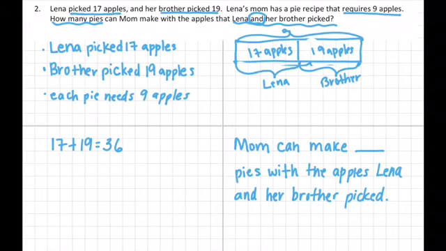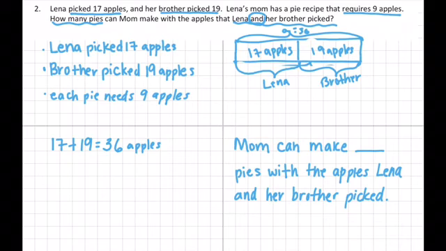Now, I can come up here and I can write 36. And I need to label this. Now, normally, we would say, okay, we're all done. But today, we're not. Because remember, it's how many pies can Mom make with the apples?